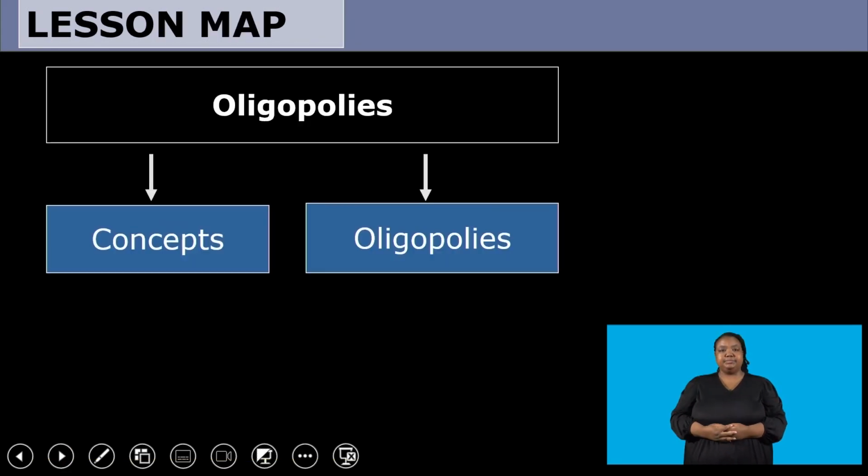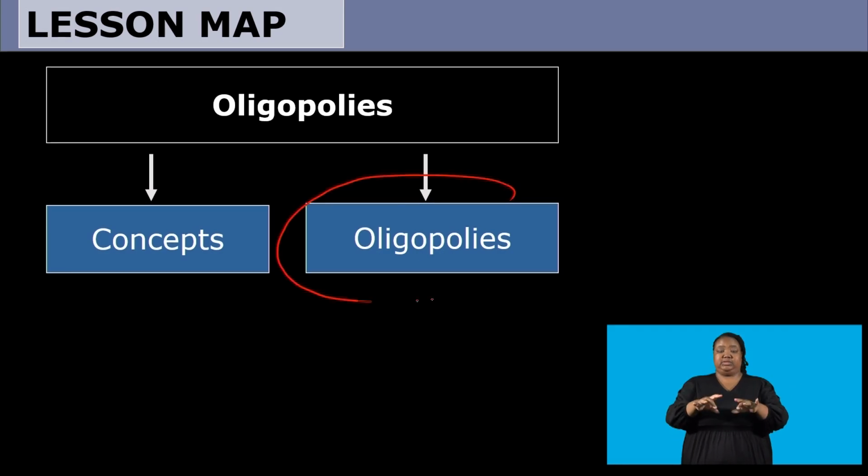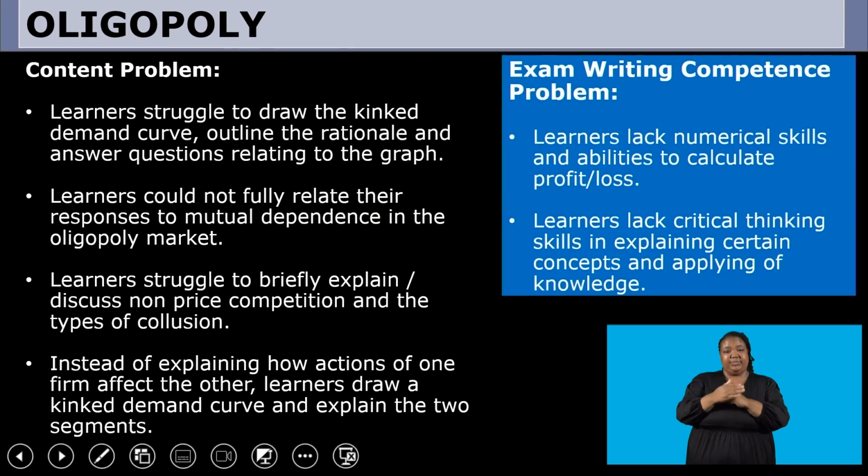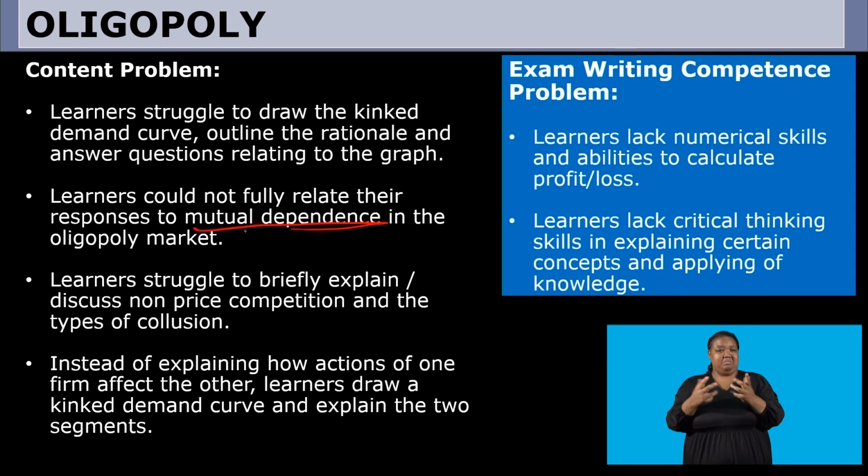Now, moving on to the examination, the study of the market structure itself. The content problem here is learners struggle to draw the kinked demand curve, outline the rationale, and answer questions relating to the graph. Learners could not fully relate their responses to mutual dependence in the oligopoly market.